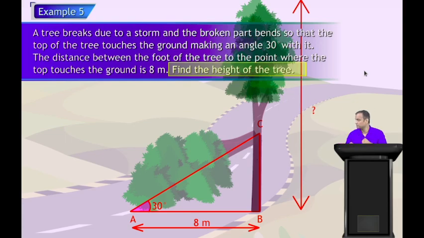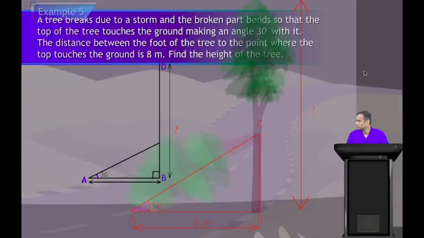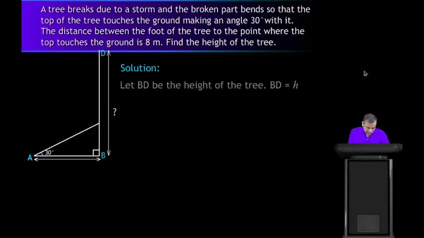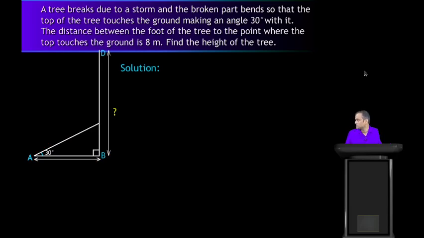Okay, here you can see, this is our triangle. So we will use this triangle ABC. Okay, let's see.